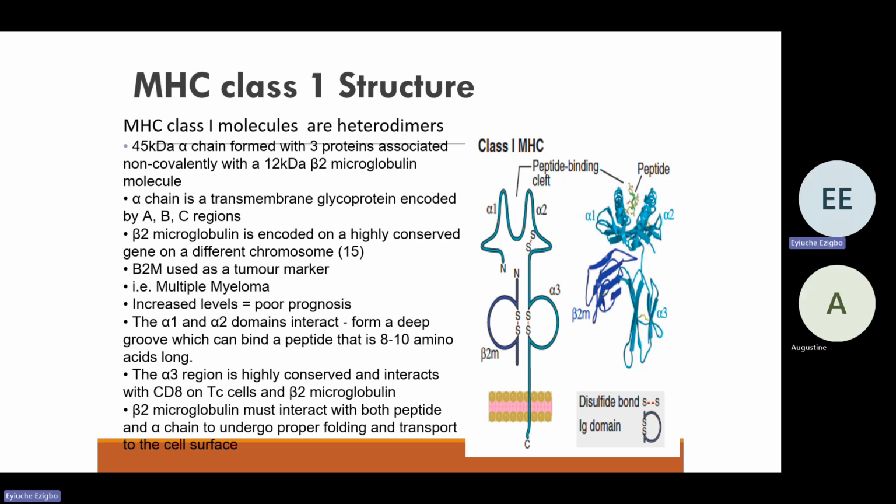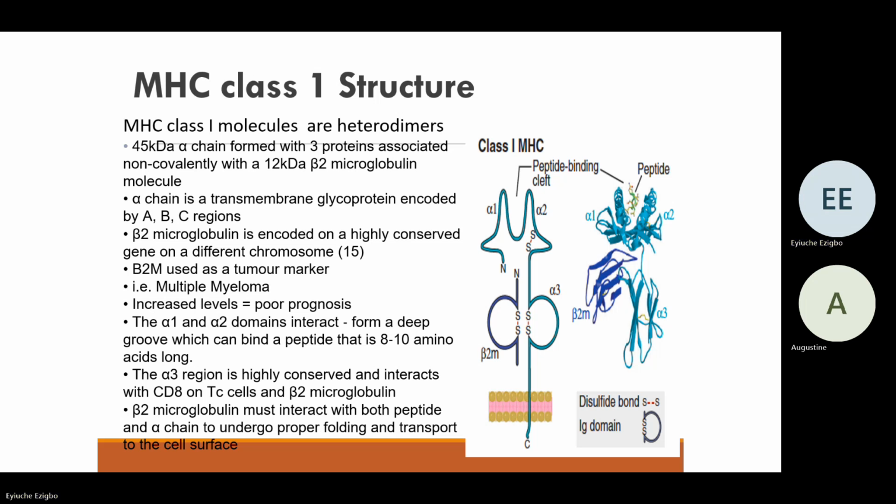Beta 2 microglobulin must interact with both peptides and the alpha chain to undergo proper folding and transport to the cell surface. So this is the structure of the MHC class 1 molecule.